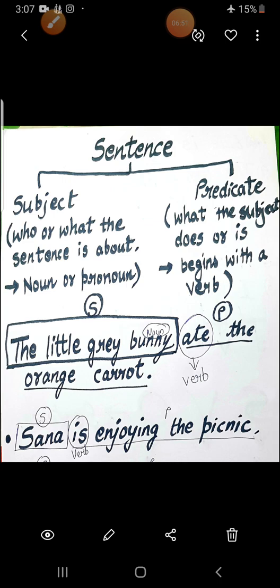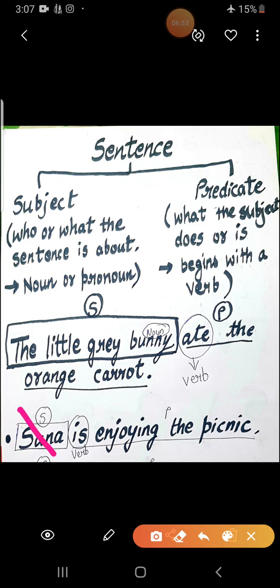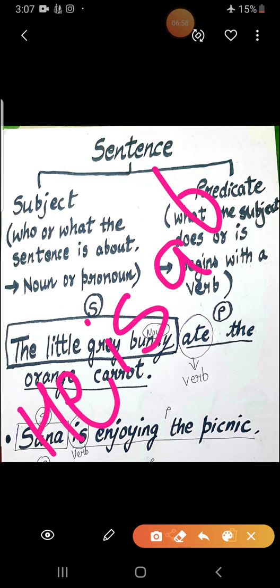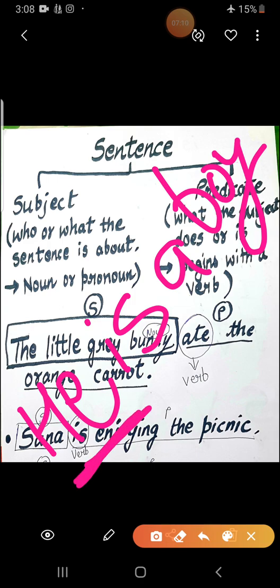See, if I say he is a boy, then here what is the subject? If you read this, in this sentence we can see that we are talking about he. So this is our subject.